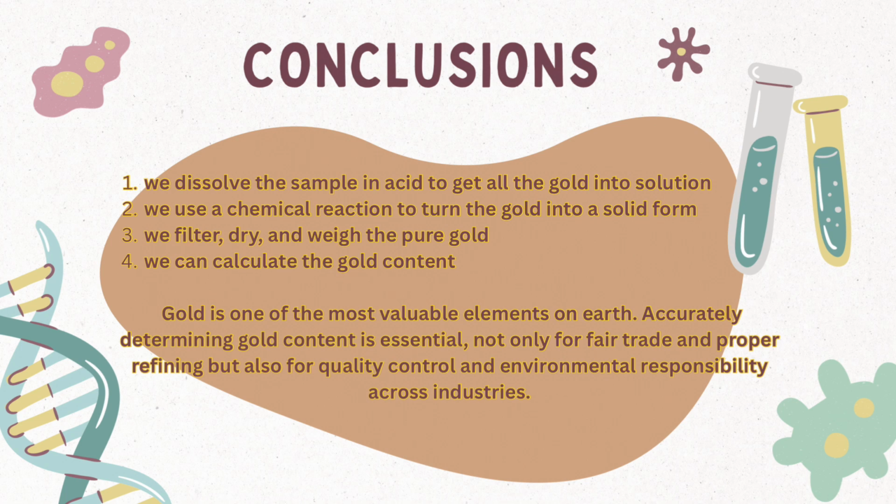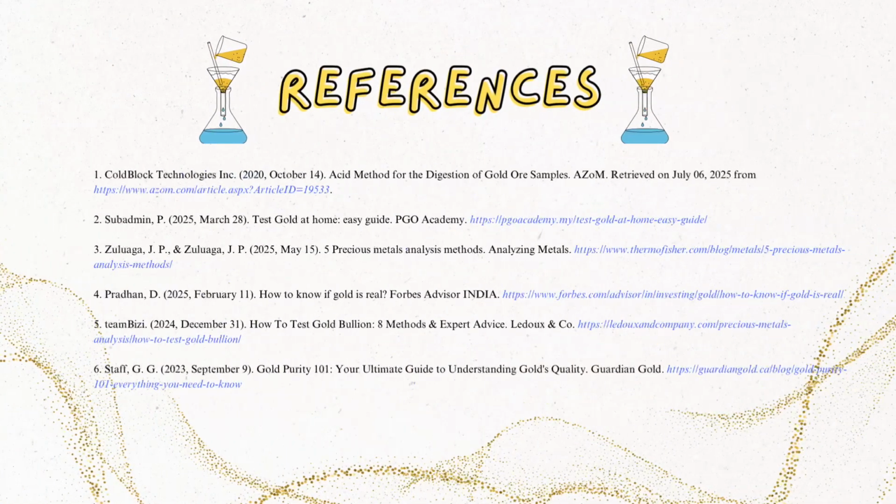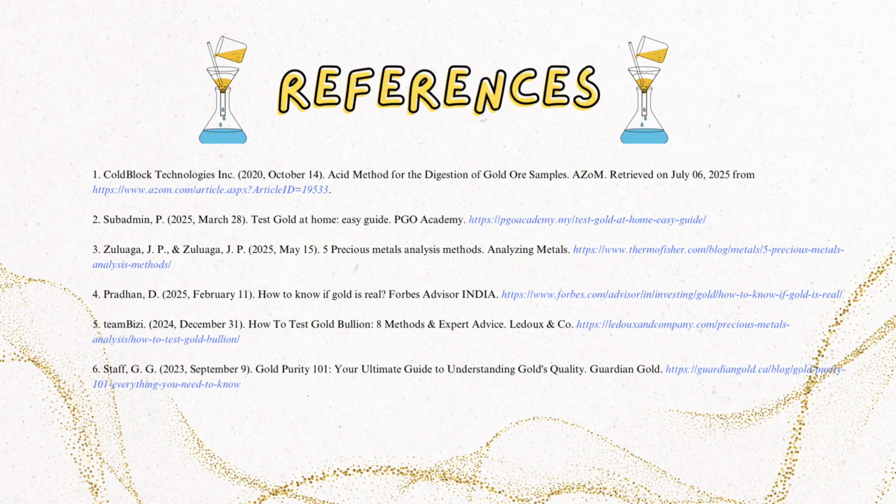Since we know the mass of the final gold and the mass of the original sample, we can calculate the gold content. Gold is one of the most valuable elements on Earth. Accurately determining gold content is essential not only for fair trade and proper refining, but also for quality control and environmental responsibility across industries.